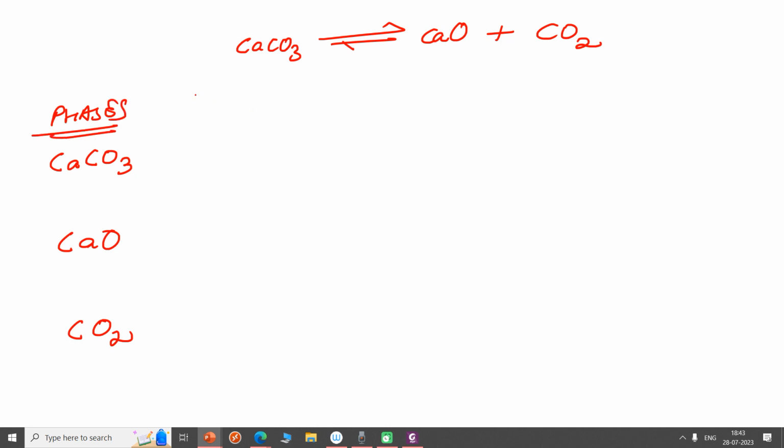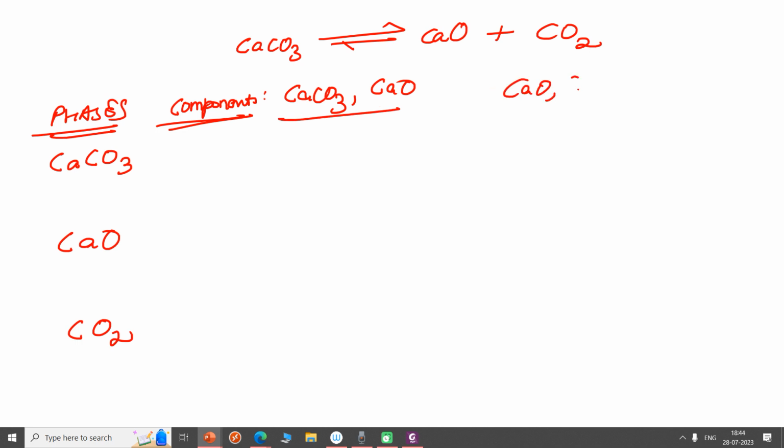And what are the different chemical constituents that we can take? What are the chemical components? The components can be calcium carbonate, calcium oxide, carbon dioxide, and calcium carbonate plus carbon dioxide.